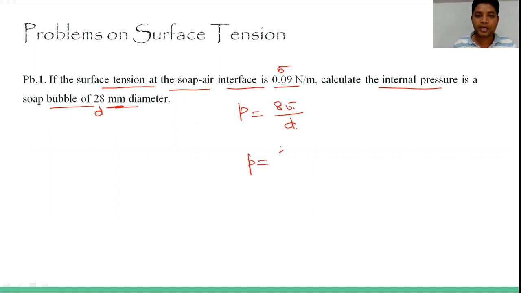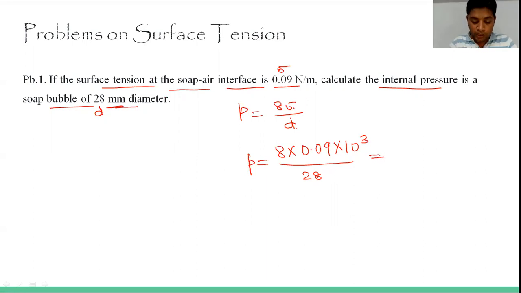So this pressure will be 8 into sigma, that is 0.09 Newton per meter. You can either convert Newton per meter into mm, or convert this d into meters, since it is in mm. If you convert it into meters, that will be 10 raised to power minus 3, and when you calculate, the value I am getting is 0.72 by 28.